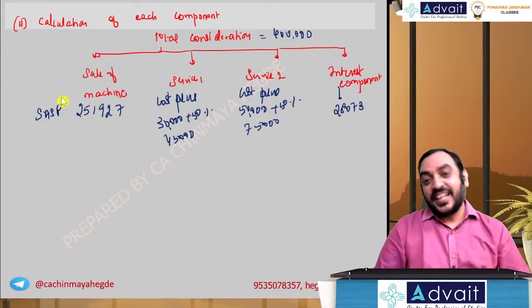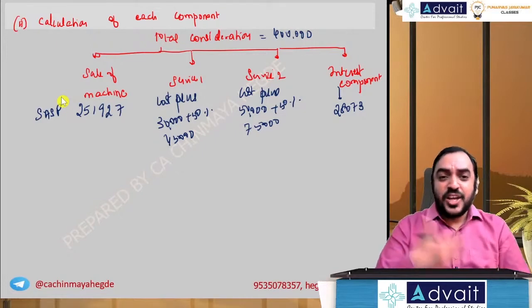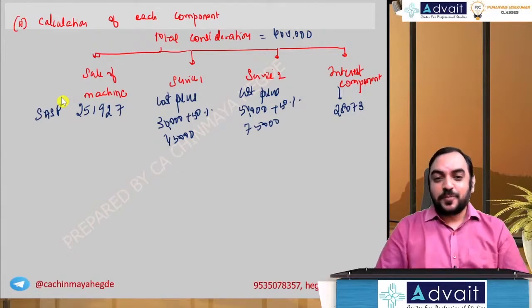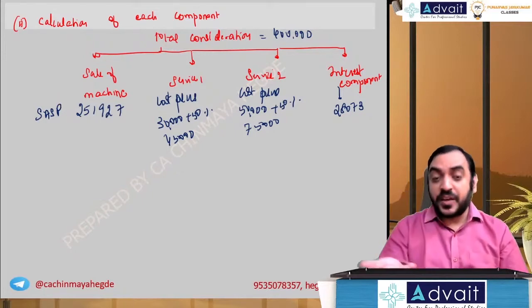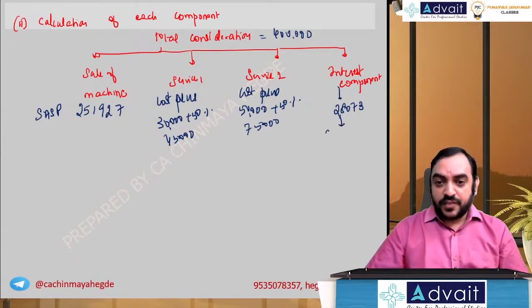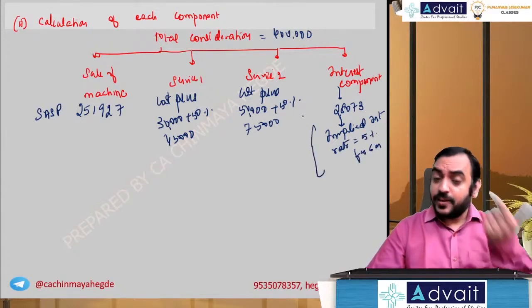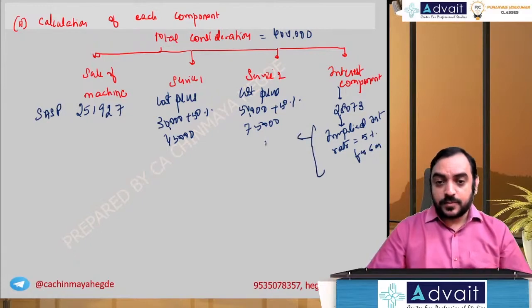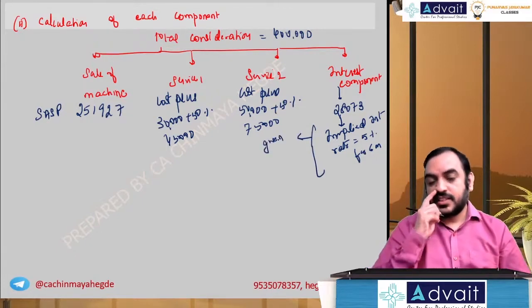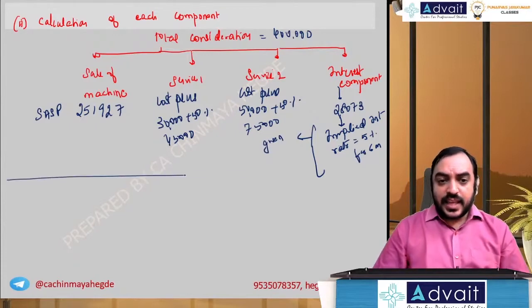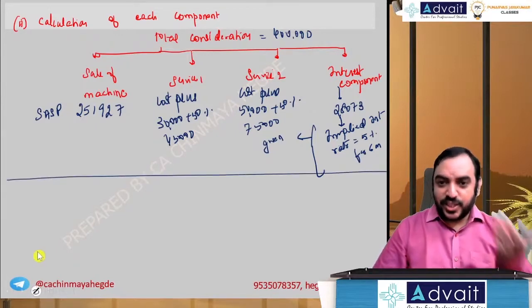That's an advantage for us in the examination, because in FR we don't have to calculate the implied interest rate. Practically I have to calculate, but in this question it is given. So let's see how those numbers come. It will actually come to 5% exactly.